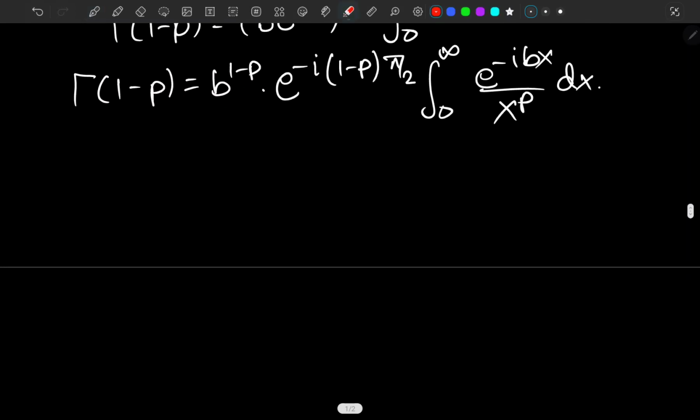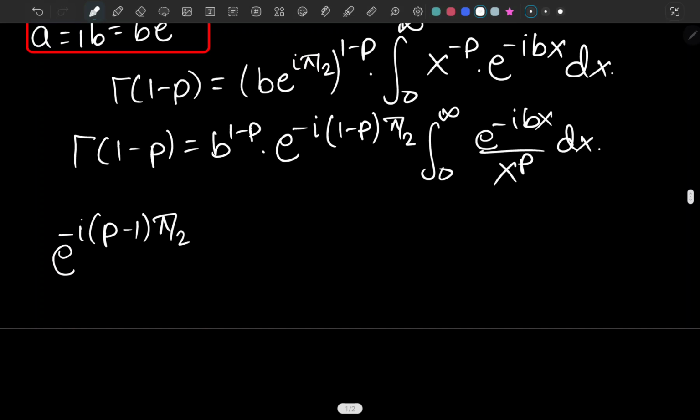And let me multiply, wait a second, we can write this as e to the negative i p minus 1 pi over 2. Oh, I think I just messed up. There is no negative in front.